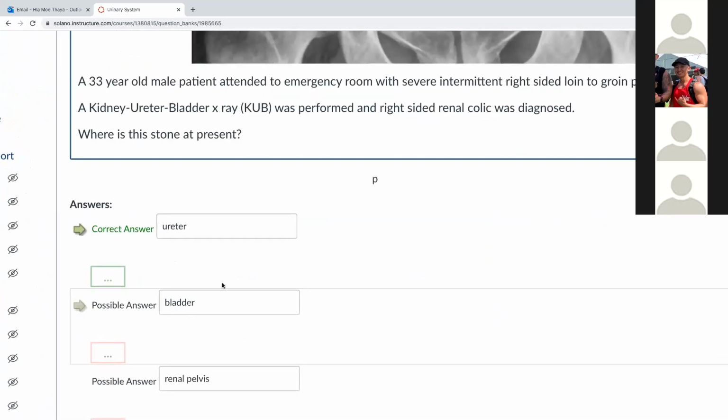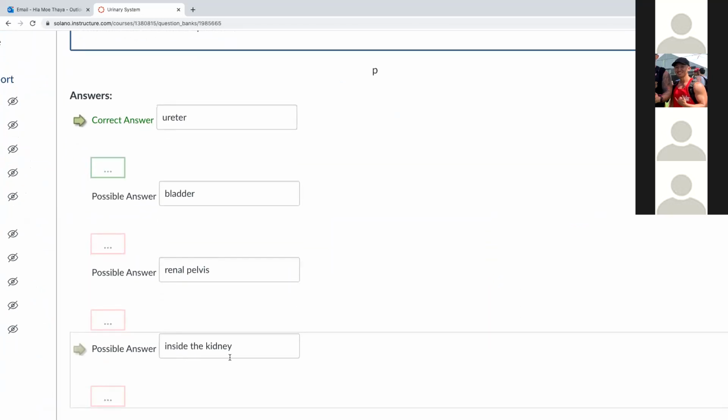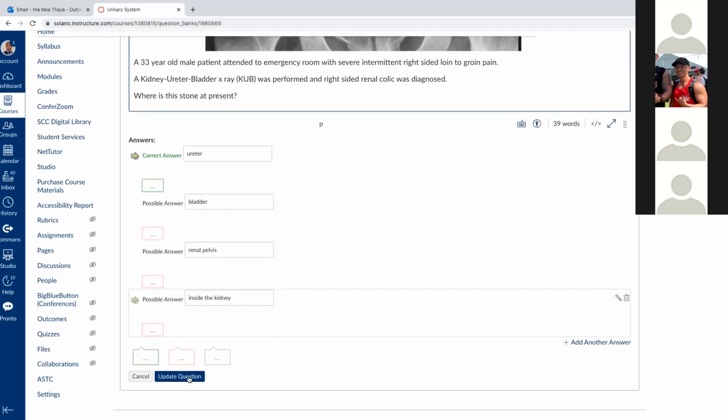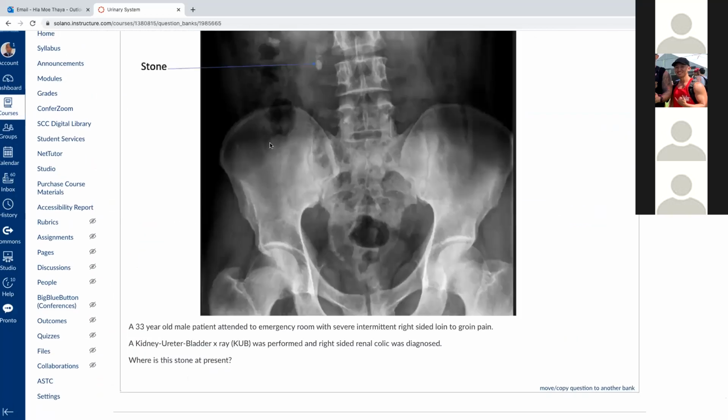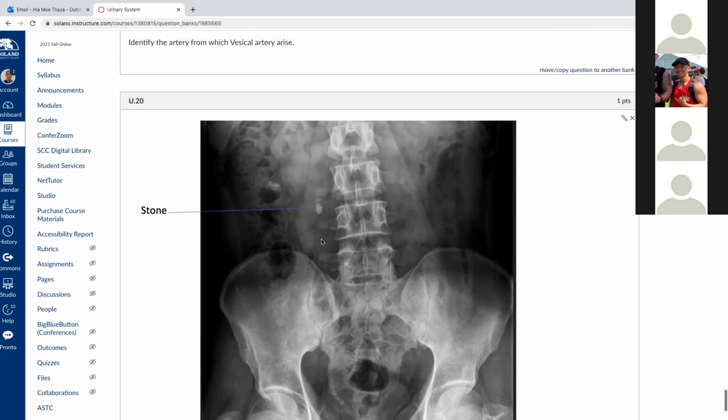If it were in the bladder, it would be down here. It is not in the renal pelvis, and not inside the kidney. Why can you say it is in the ureter? Because it is along the tip of the transverse process, the route of the ureter, and therefore it is in the ureter.